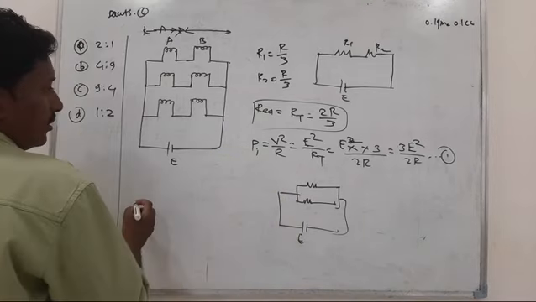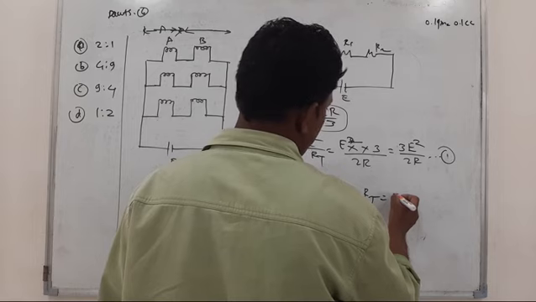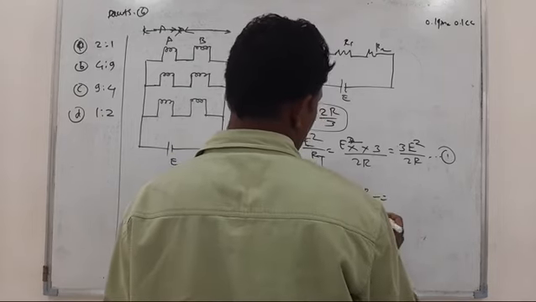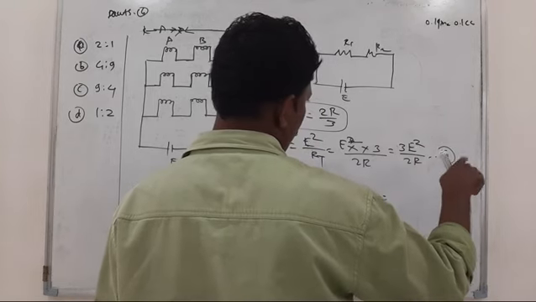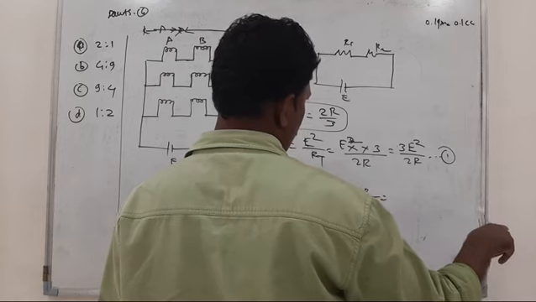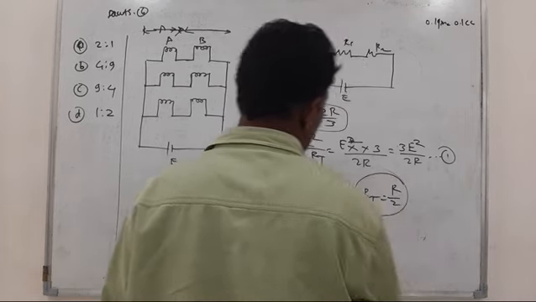These R total must be equal to 2 divided by R, that is R by 2. R total is equal to R by 2, right, student?